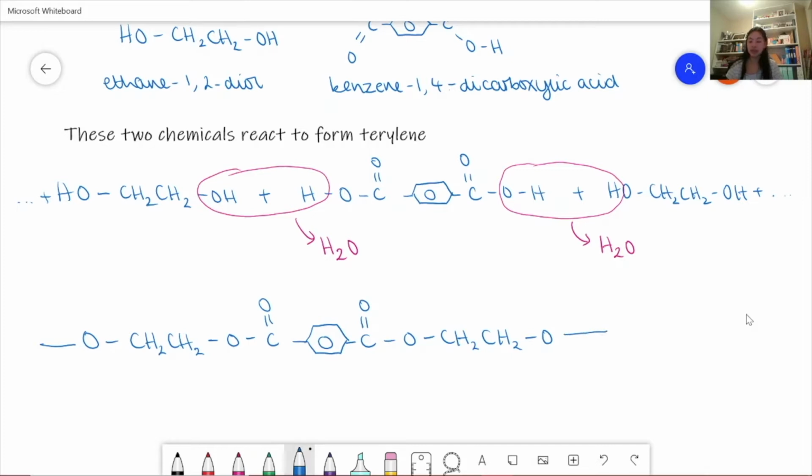And so now you can see that we have these ester groups that are repeating. So this here is an ester group. And so is this one. And there'll be many more down the line. And this is why this is called a polyester.